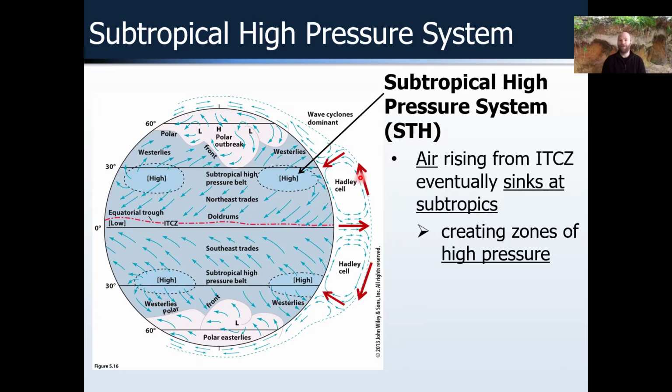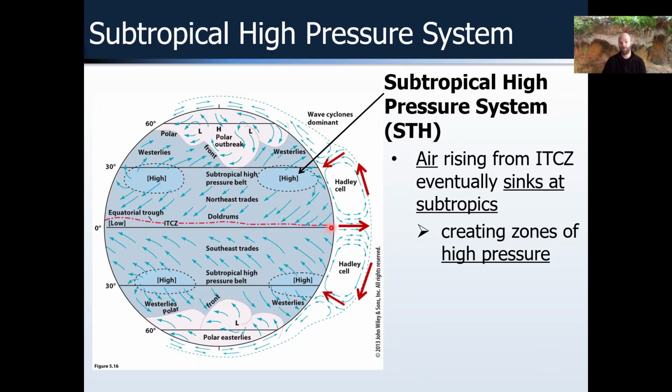And so at some point that air gets drawn towards both poles and then it starts descending, and it hits Earth's surface and it diverges at Earth's surface. And this is a very large high pressure system. And so literally on a global scale, it's called the subtropical high pressure system.